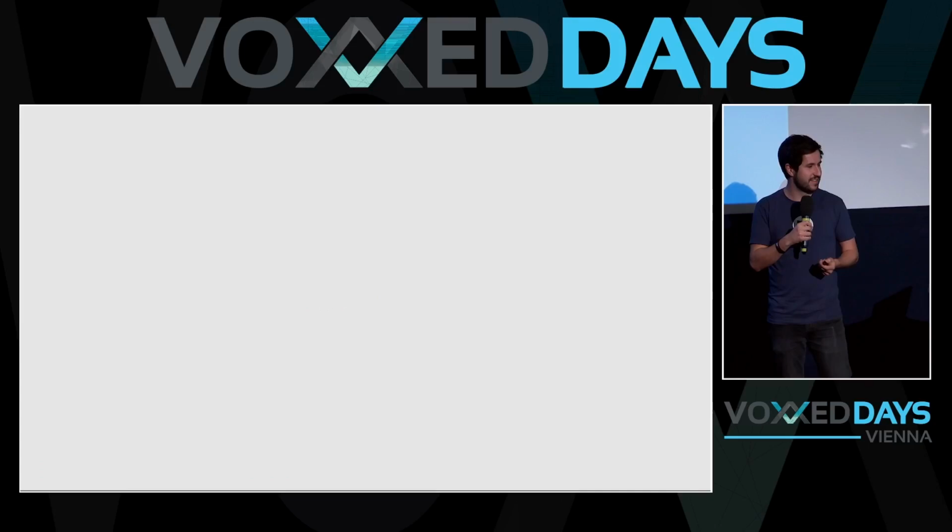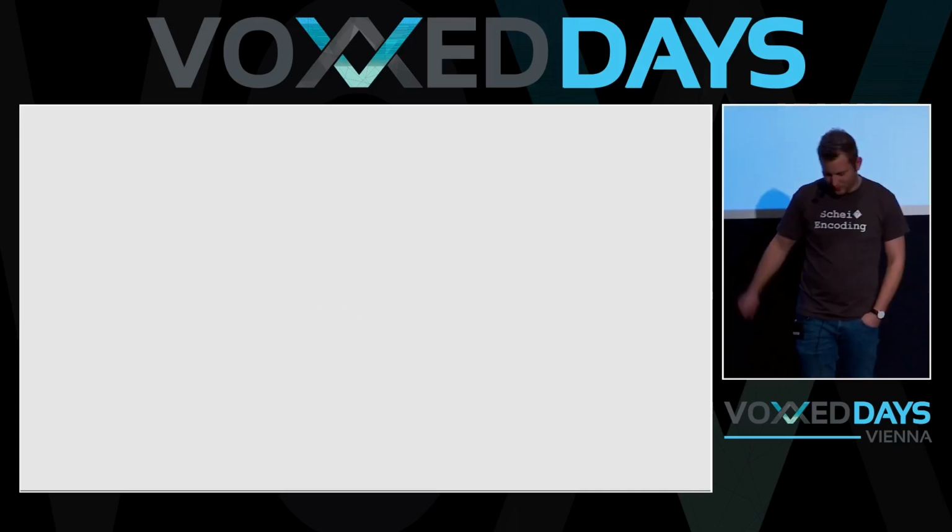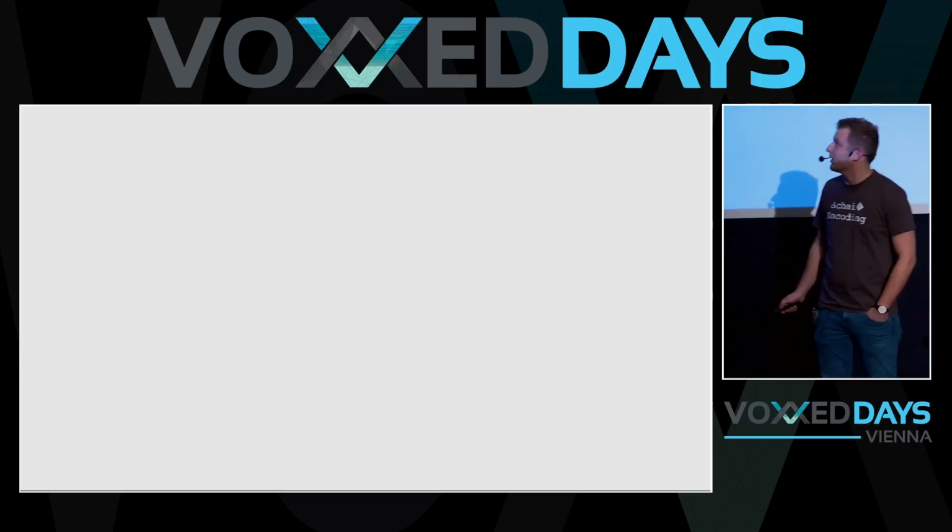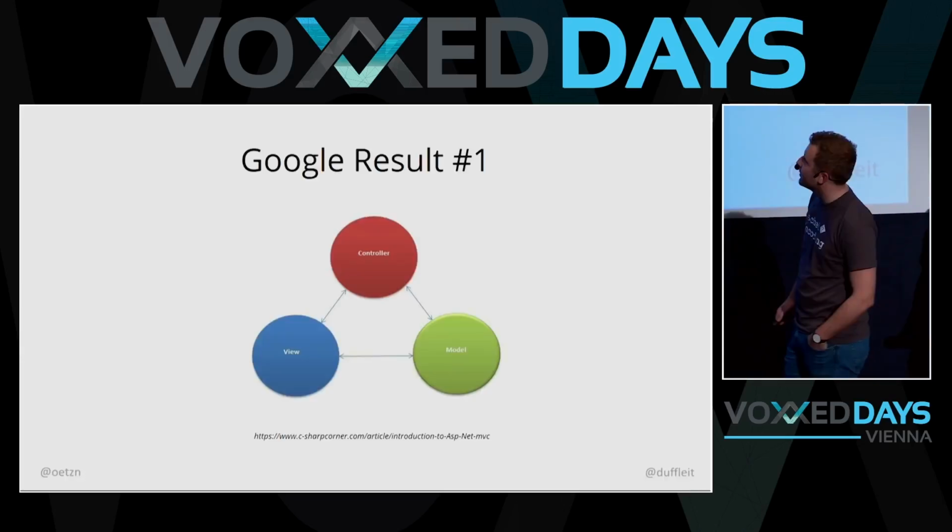So you find the best UML on Google, and we just want to present you some of the search results. The first one we got is here. Of course you have a controller, a view, a model, and these arrows. So everybody is speaking to everyone. This is interesting, but makes not that much sense for us. The next result was a bit better.